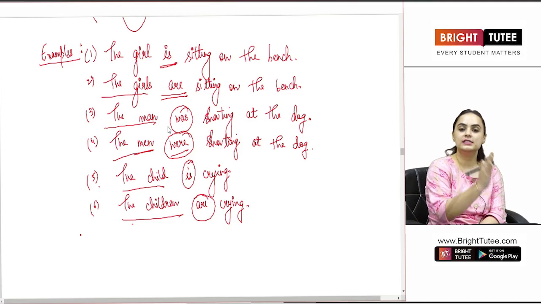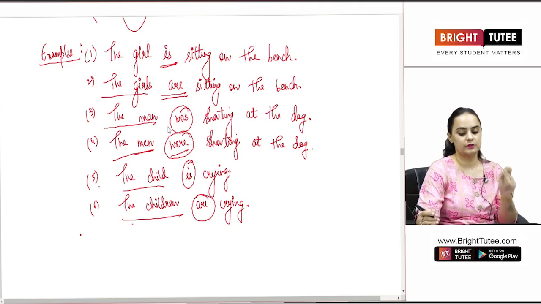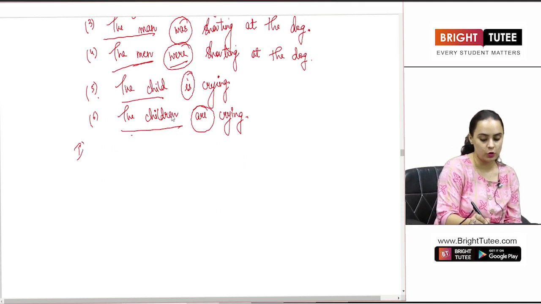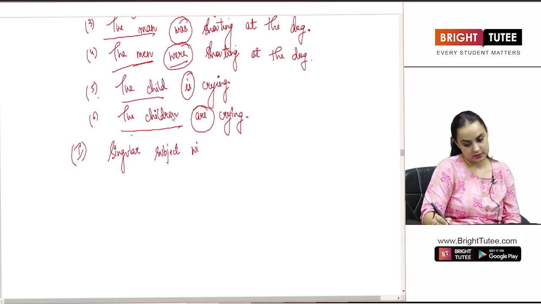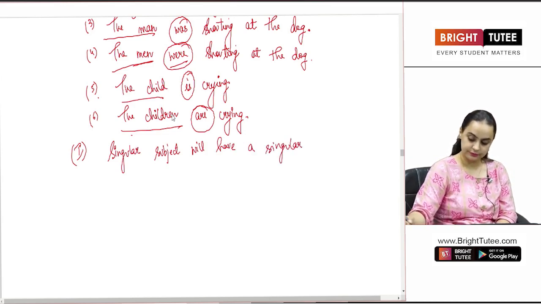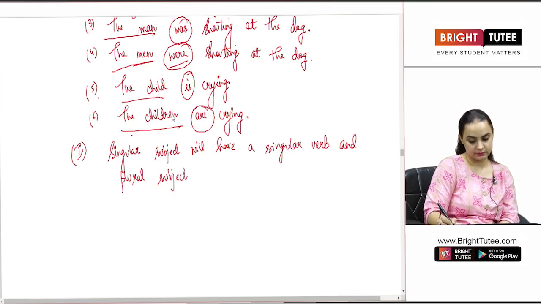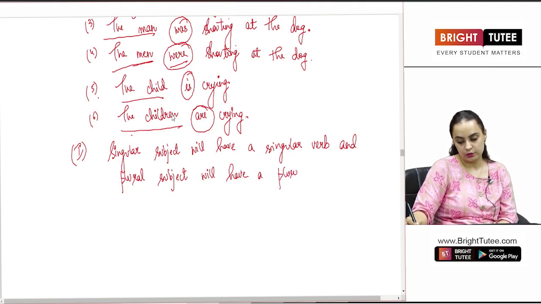So, a singular subject will always have a singular verb, a plural subject will always have a plural verb, and this is my first rule of subject-verb agreement, which is: singular subject will have a singular verb and plural subject will have a plural verb.